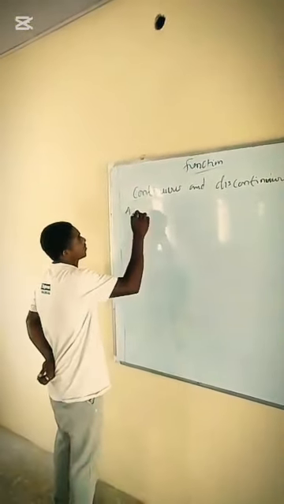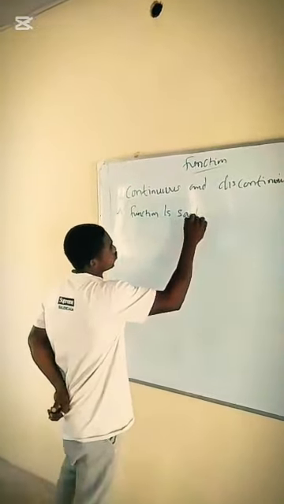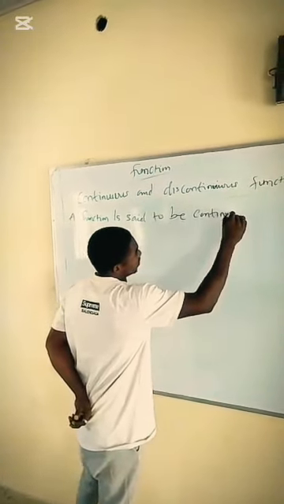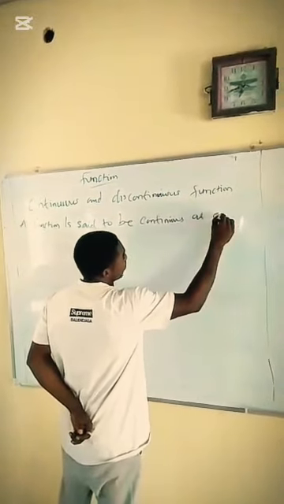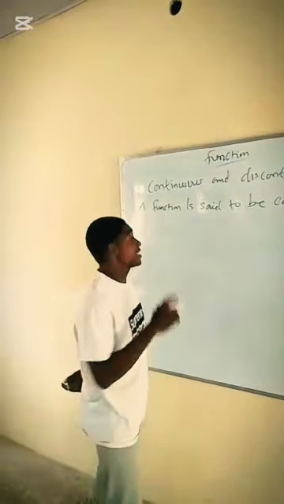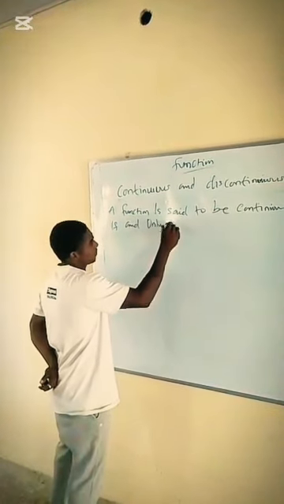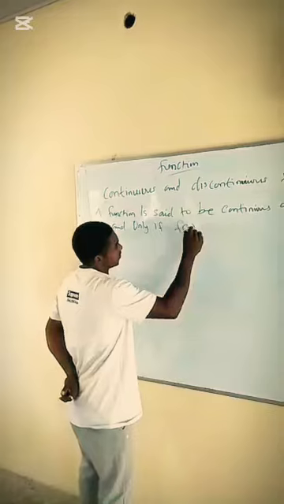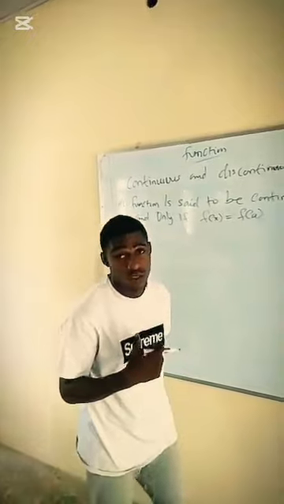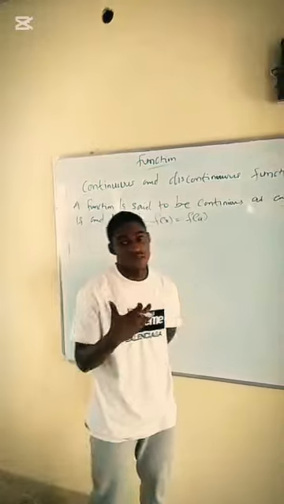A function is said to be continuous at any point if and only if f of x is equal to f of a.